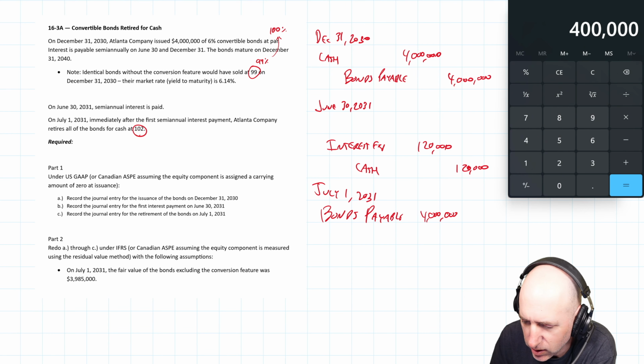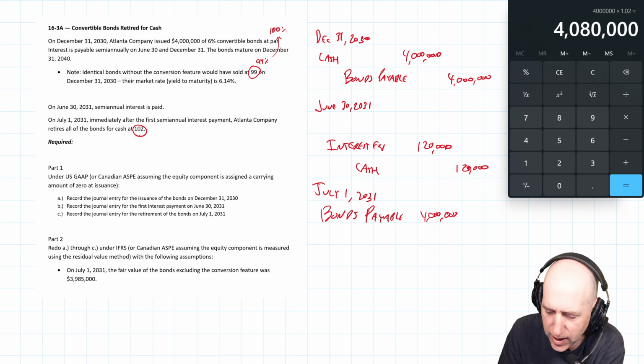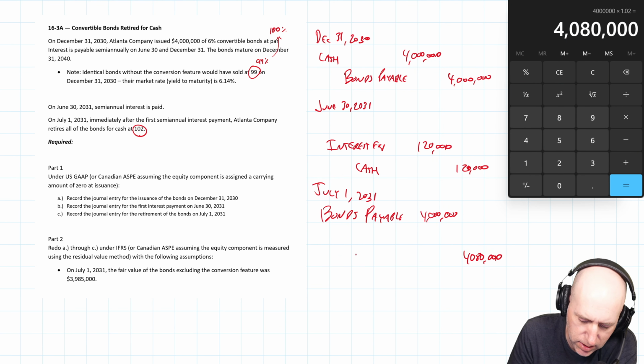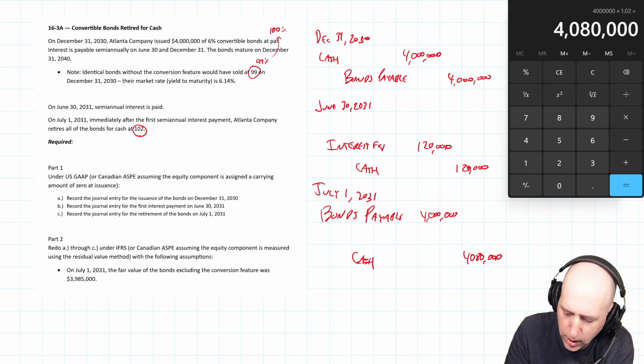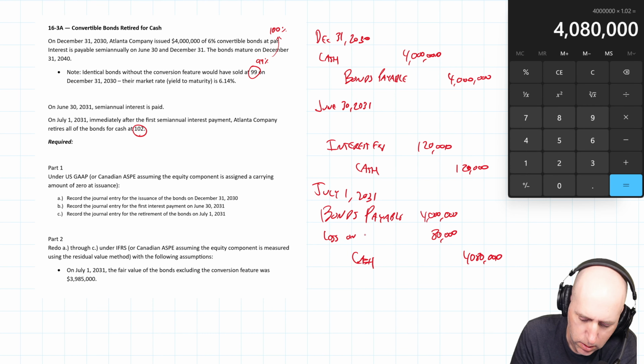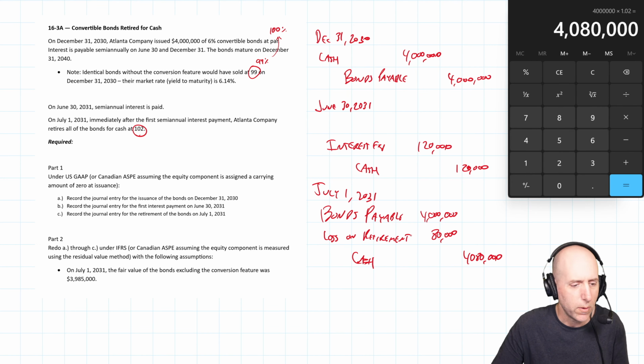So these are $4 million worth of bonds, and I pay 102% of face value to retire them. I pay $4.08 million in cash to get rid of these bonds. And what's the difference? The $80,000? That's a loss on retirement. And there you go. We've done this the US GAAP way.